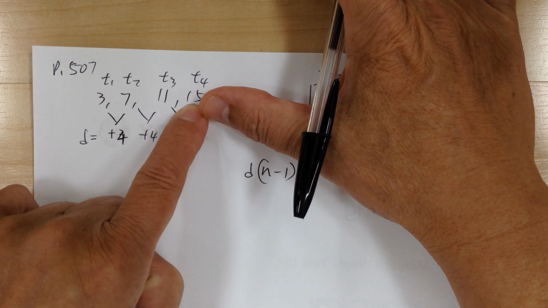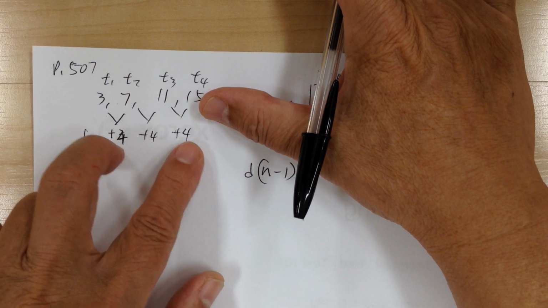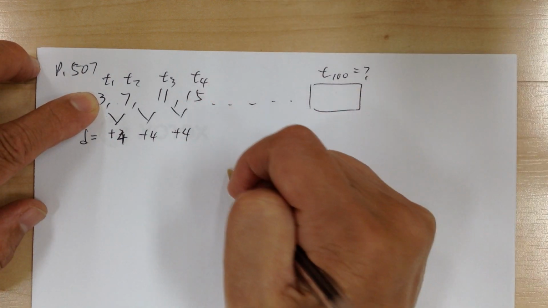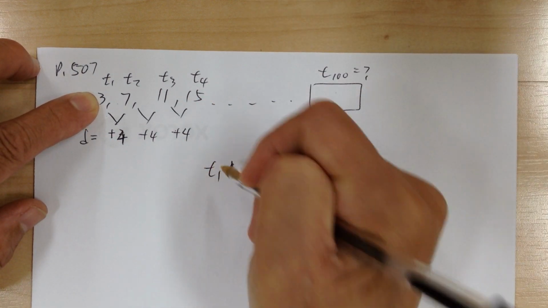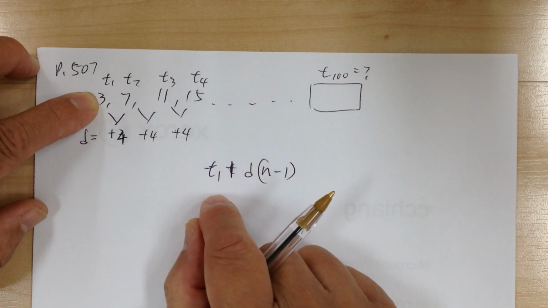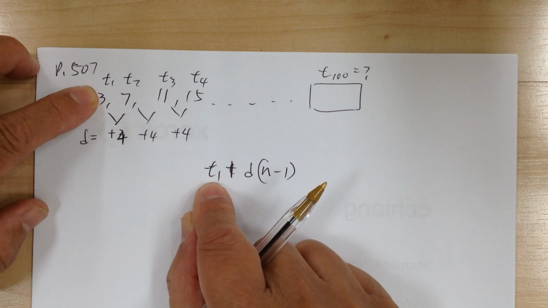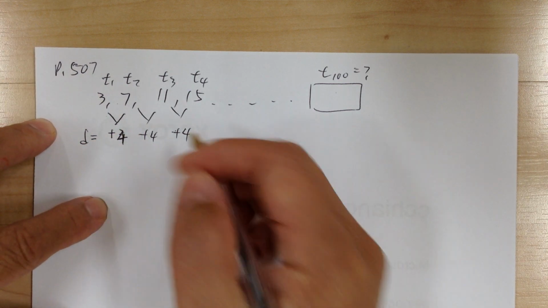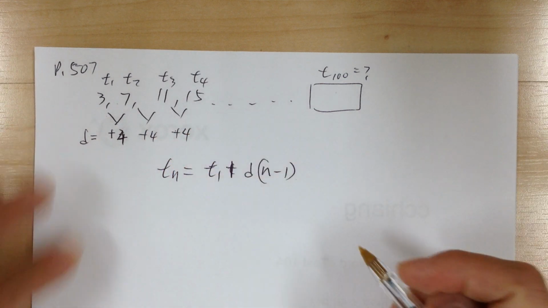The 12 is your increase, so you also have to add T1. This is how much you increase, and this is where you start. So T1, where you start, plus the increment times the number of gaps, gives you T of n. That's the formula.